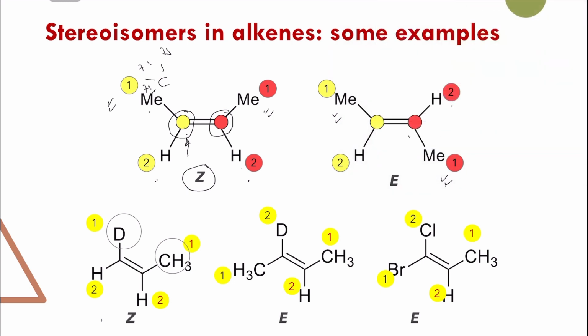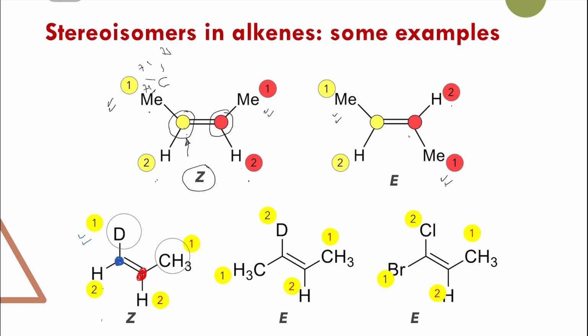The following one, this one here, the first carbon, the blue one here, has hydrogen and deuterium. Deuterium is given the priority. The second carbon, the red one here, has hydrogen and methyl, and methyl is given the priority.